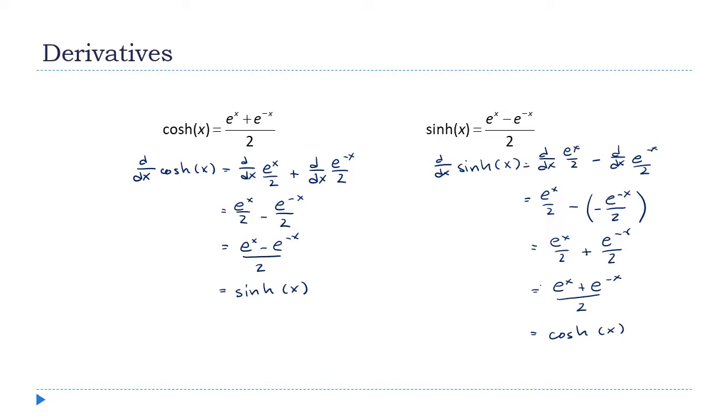So you notice this is where these hyperbolic trig functions get a little annoying. Their derivatives are the same as for their corresponding regular trig functions, except the signs can be different. When we're talking about regular trig functions, the derivative of the cosine is minus the sine. Here it's the positive hyperbolic sine.